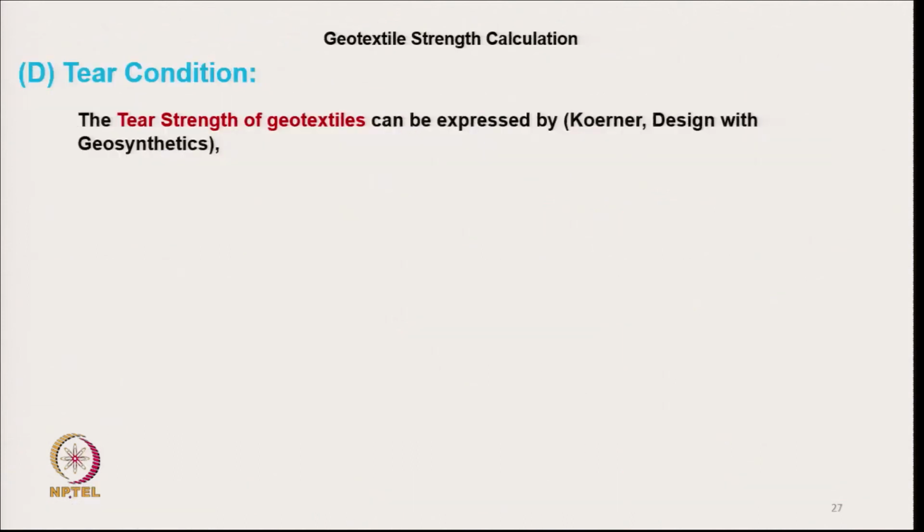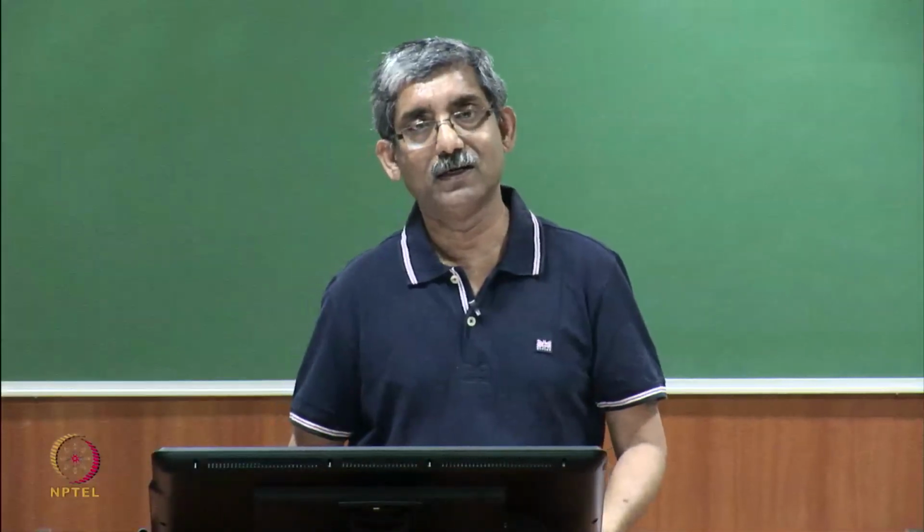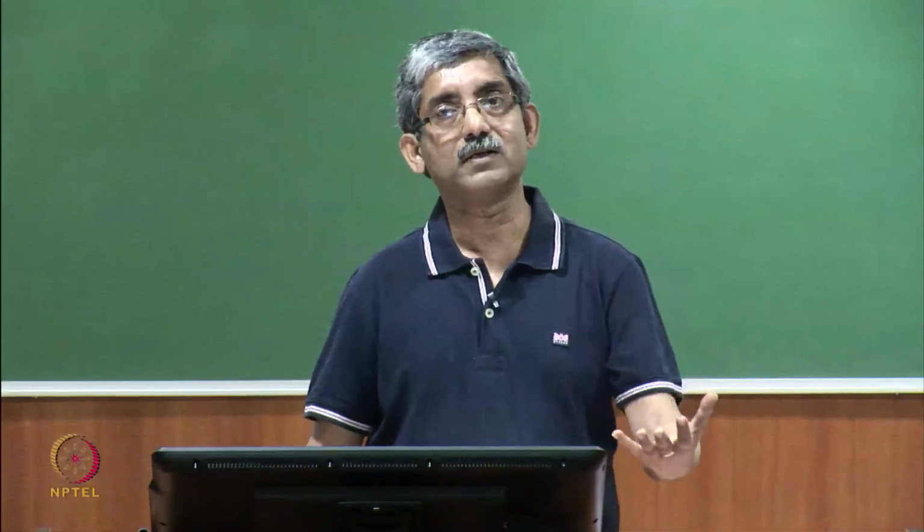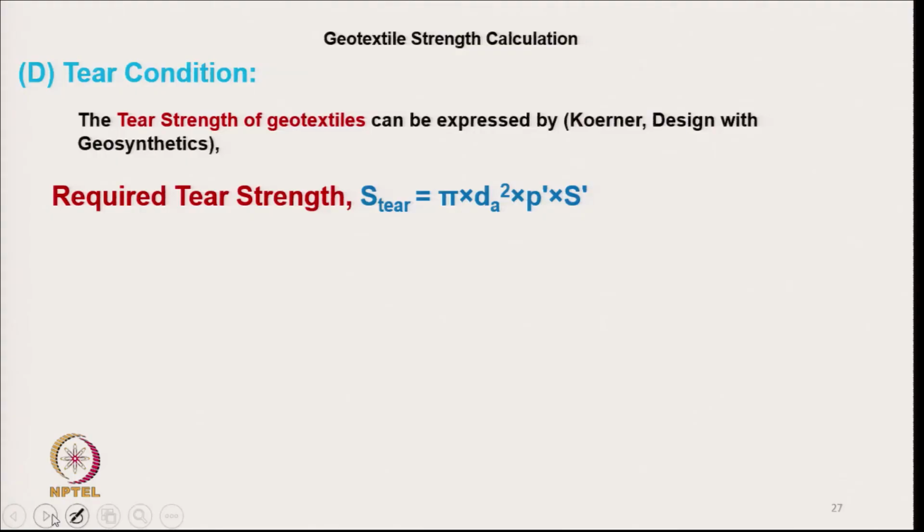Now, the tear condition, as I have mentioned, is exactly similar to the puncture condition. Basically the tear in a geotextile occurs just after the puncture. So the tear strength of geotextile can be expressed by Koerner using the same equation. T tear is equal to pi dA squared P dash S dash.